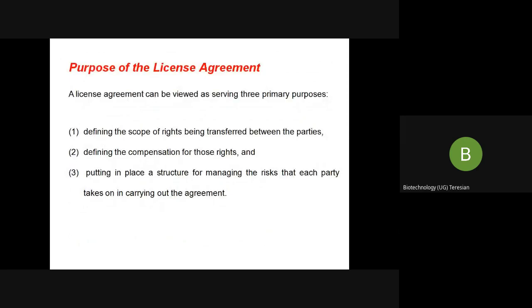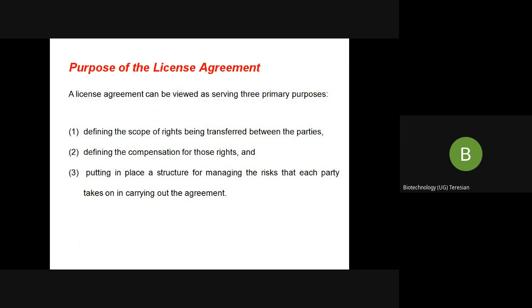So now, lastly, why should you go for the license? Okay, a license agreement can be viewed as serving three primary purposes. To effectively address each of these, it is critically important that the parties understand both the overall objective of the agreement and the more specific objective each party has in entering into an agreement, especially in combined research and development and licensing deals.